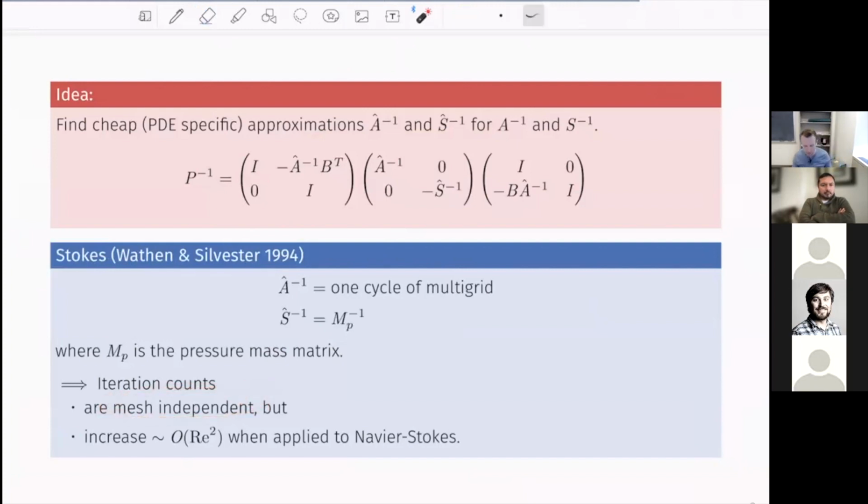What does that mean? It means that as you refine your mesh, the number of steps you need to find your solution stays constant. But if you apply this preconditioner to the Navier-Stokes equations, the iteration counts actually blow up with Reynolds number squared, right? So for Reynolds number 100 or 1,000, which is what we would like to do, iteration counts are already massive.